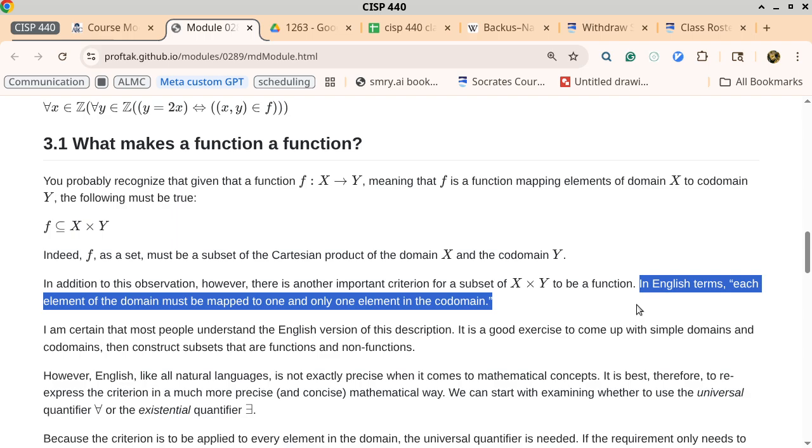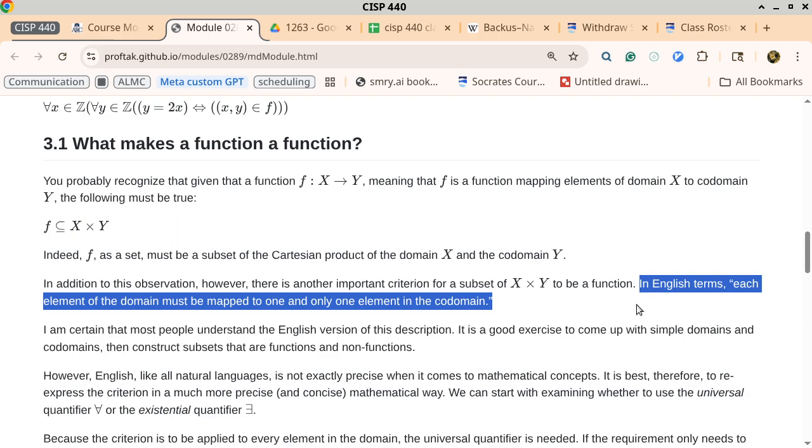It illustrates how the English sentence itself is not exactly the most precise way of defining something. It took us a few examples to truly illustrate what it means when you say for each element of X, or domain, it has to map to one and only one element in the codomain. It took a little bit of effort to explain that.